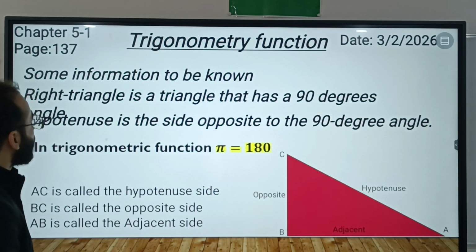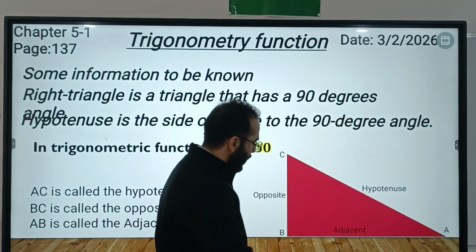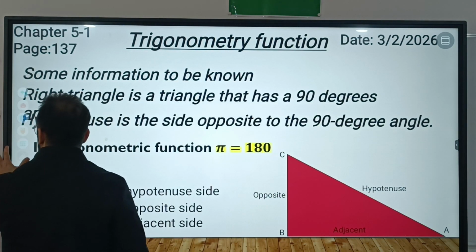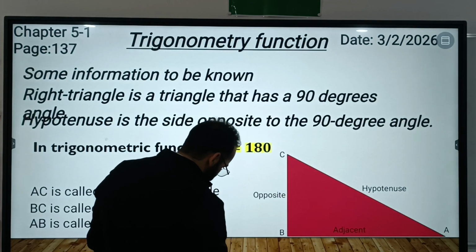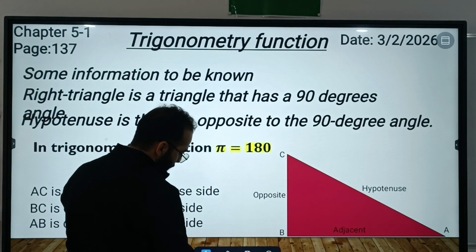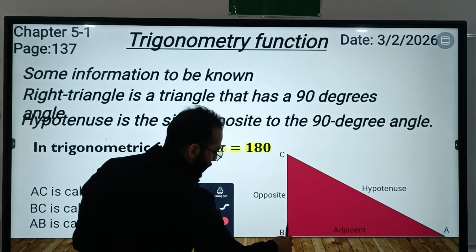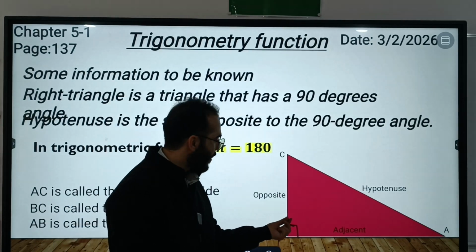A right triangle is a triangle that has a 90 degree angle. Let me just bring my pen. So here is the right angle. Basically, a right triangle is a triangle that has a right angle.